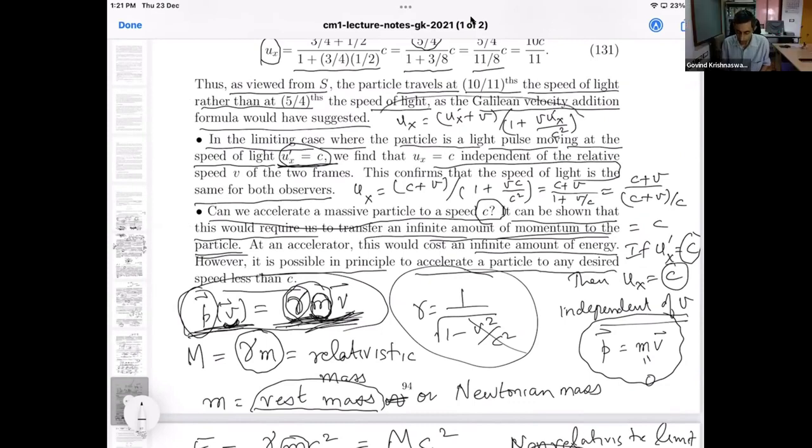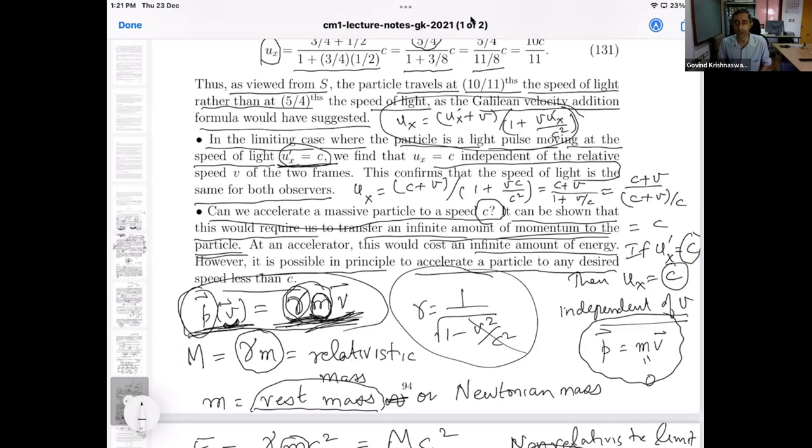Then it becomes a formula for the hyperbolic tangent of a sum of angles. You are absolutely right, and that is called rapidity. I've given you the name, and one can look it up and see how the formula simplifies.